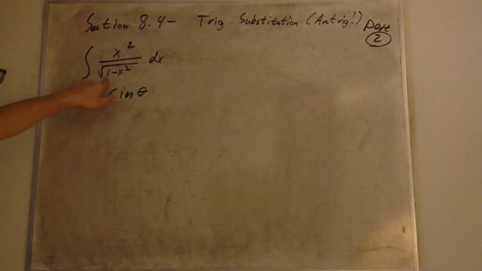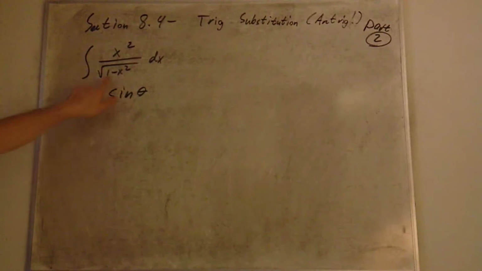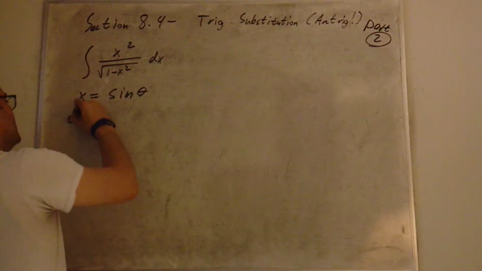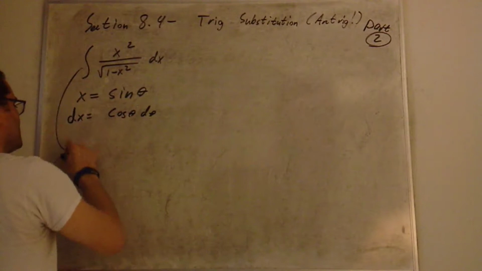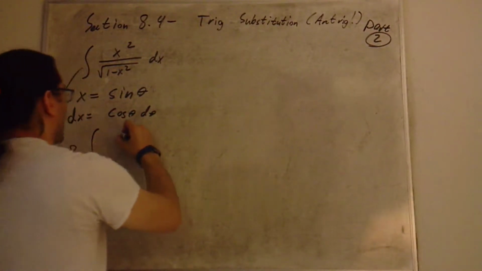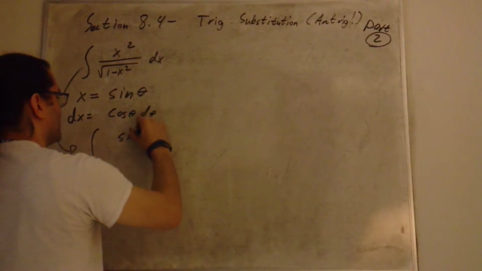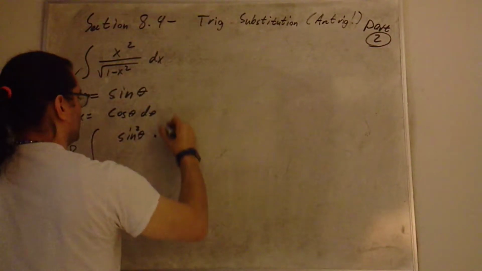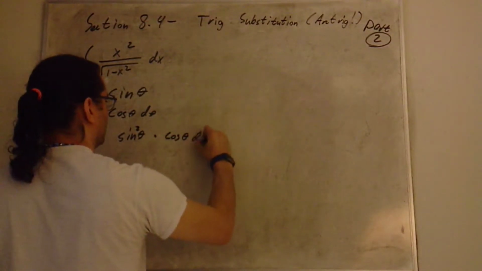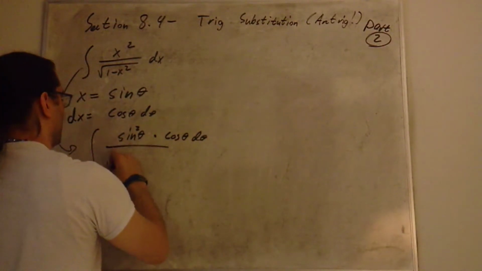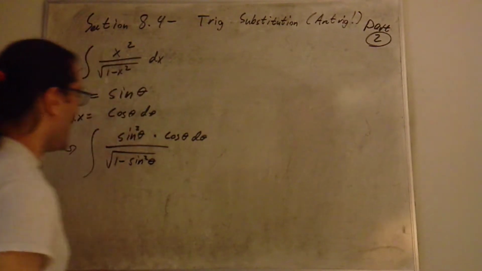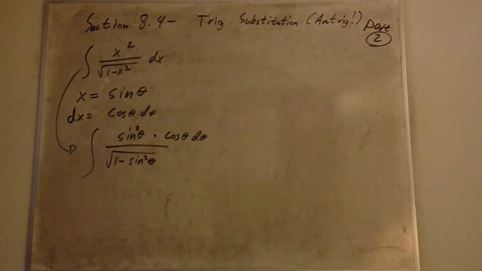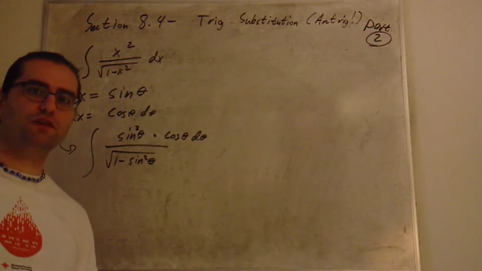If this was like a 4 or a 9 or a 16, we would have to put a number here to account for that so that the squared number matches this. dx then is cosine theta d theta, and when I substitute I get sine squared theta on top. dx is cosine theta d theta, and the denominator is the square root of 1 minus sine squared theta. At this point, I'm going to skip a lot of steps because we've seen this before.